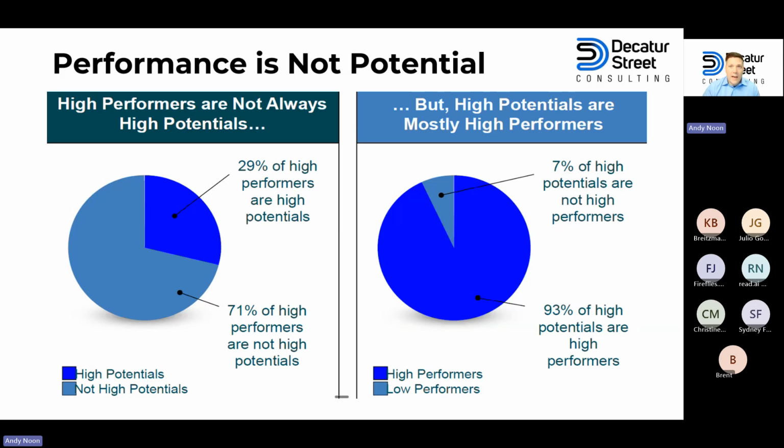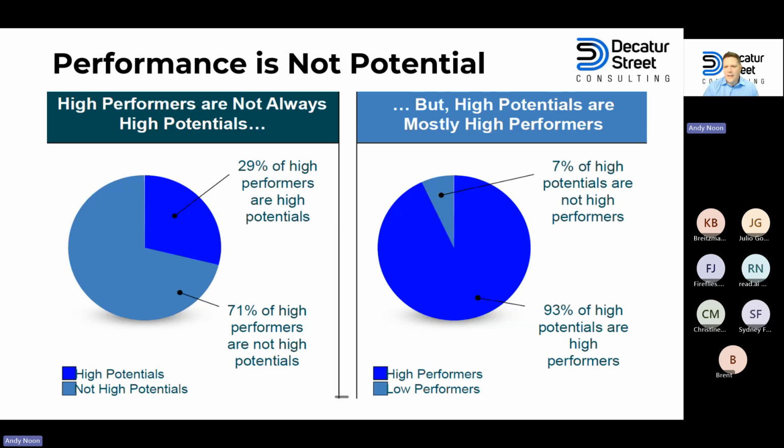You can have individuals like the technical guru on the last page, great performers in their current role, but that doesn't necessarily equate to having the potential to be a leader at the next level.